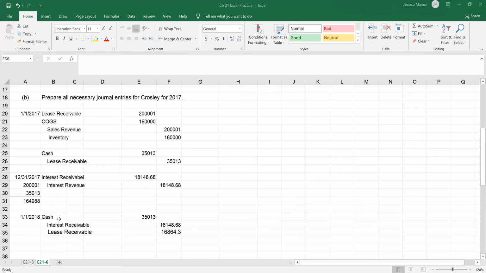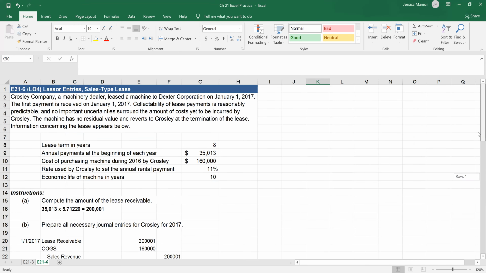Anyway, in the actual problem, they were only asking us to go through the end of 2017, but this is just to give us an idea and get more practice with this. So, sales type lease, direct lease, like we talked about in class.